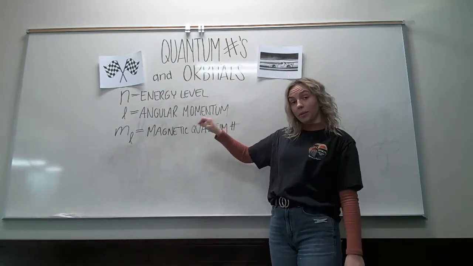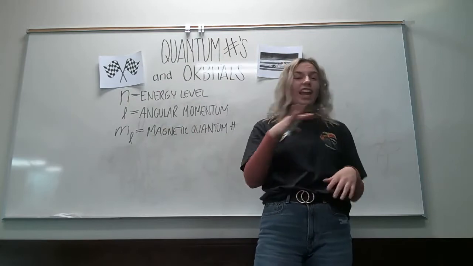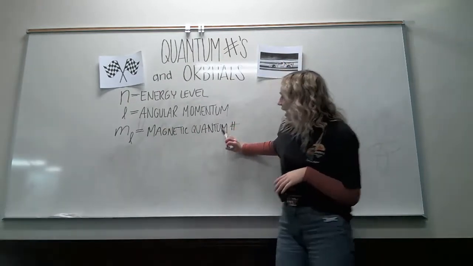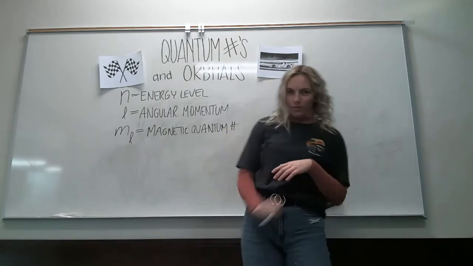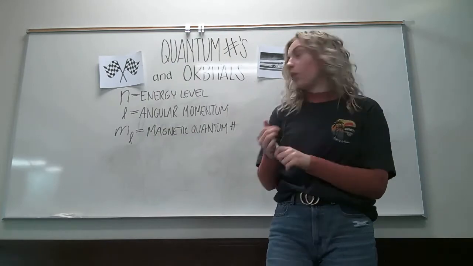L is the angular momentum quantum number, and this is telling you the shape of the orbital, so whether it's a figure 8, a circle, the 4-leaf clover, all the different shapes. And then M of L is the magnetic quantum number. What this one is telling you is the orientation of the orbital.